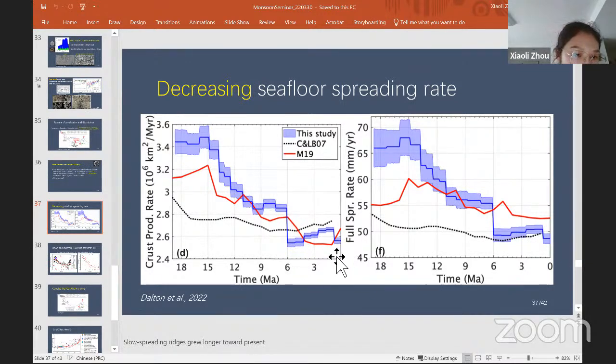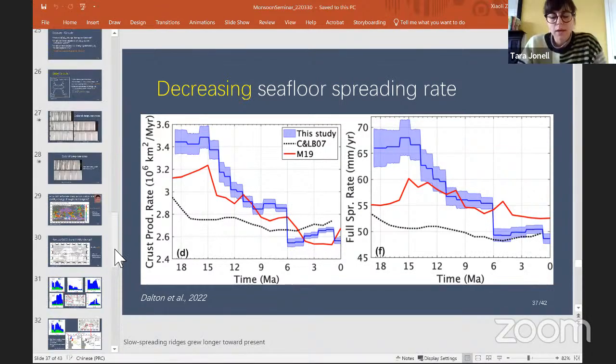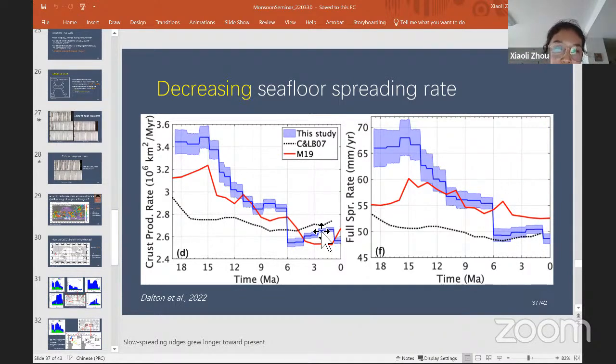And I think a lot of these records span from pretty much the Miocene to present. And I think a lot of us are really quite hungry for older records as well. In this paper, the authors said they will be extending this record to older time intervals.